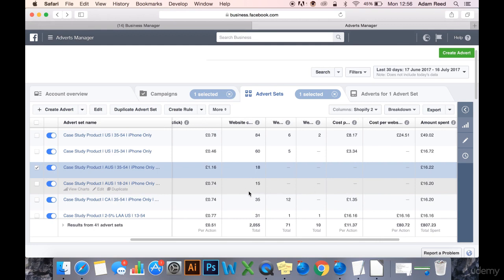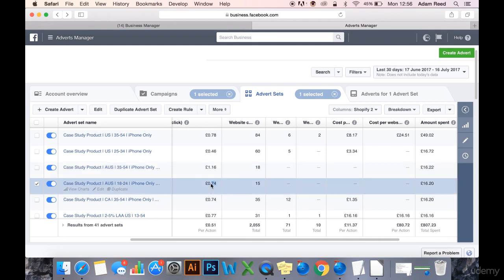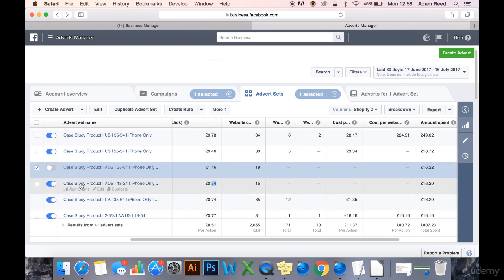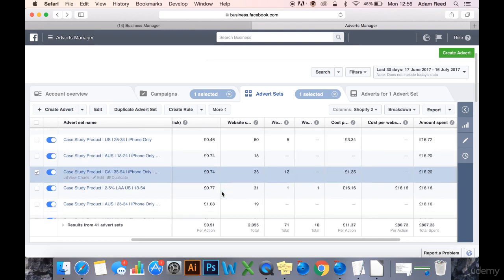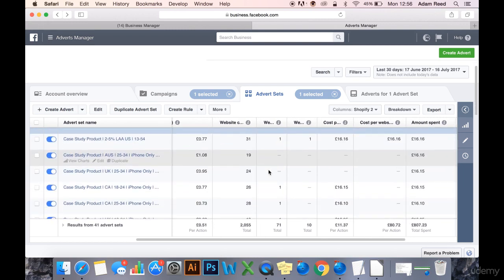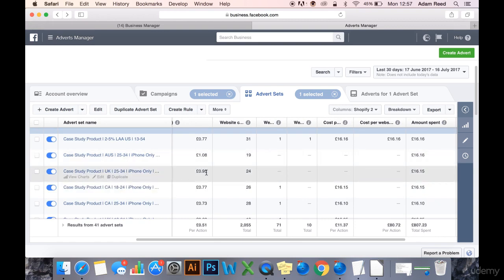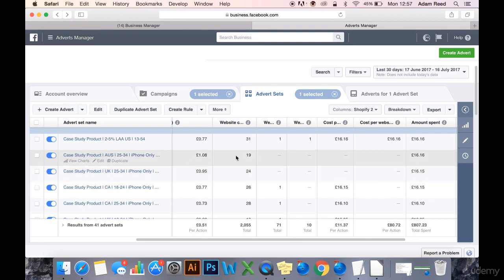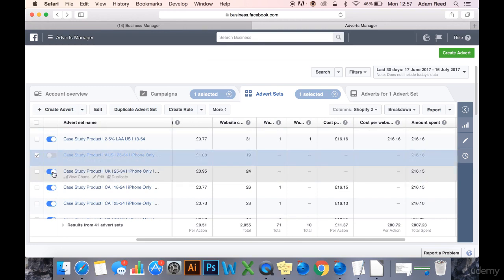Again, no add to baskets, £16 spent, £74 CPC. I may kill that. We'll come back to that. £1 CPC, 95 pence CPC. Going to kill both of these.